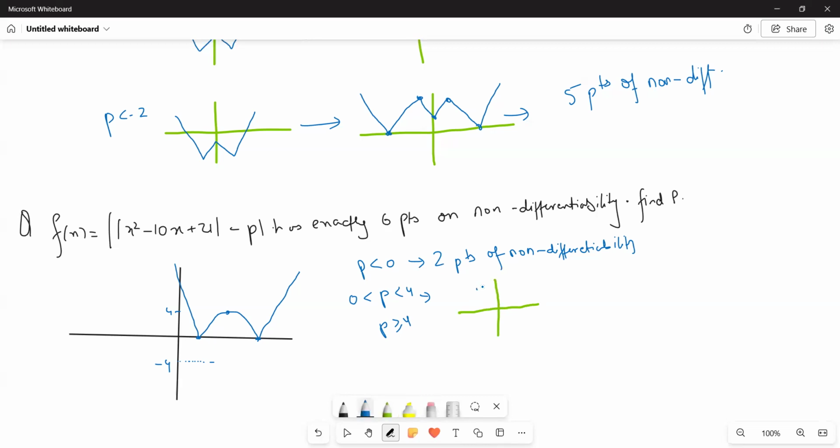The graph goes down and will become something like this. Which when we do the mod transformation will end up becoming something of this form.